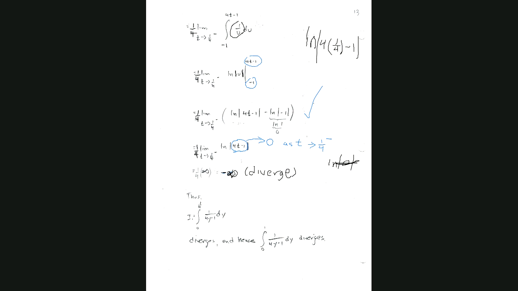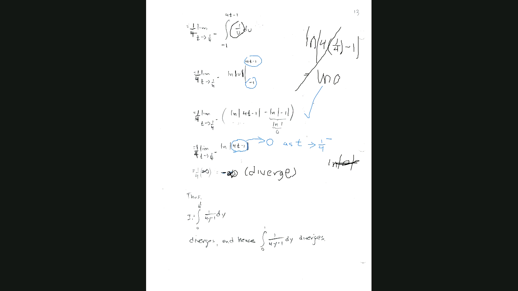I don't want to get the math gods angry at me, but that's going to be the log of 0. Is the log of 0 allowed? No. So we can't do that. But as t approaches a fourth, we know the log of 4t minus 1 approaches -infinity. And that's how you do it.